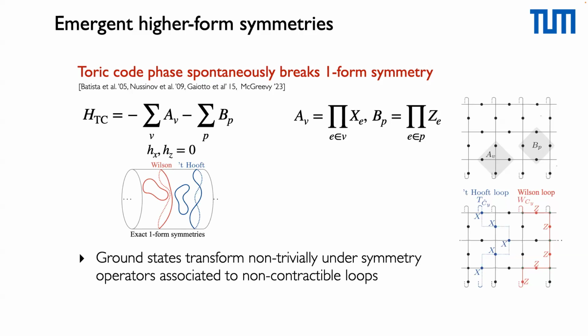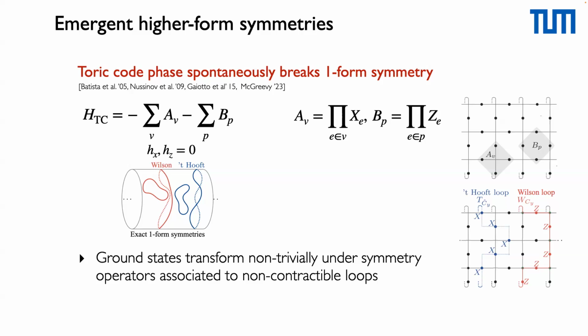So you start from one of the topologically degenerate ground states and act on it with, say, a Wilson loop or a 't Hooft loop, and you transform it to a different state, which is the indication of the one-form symmetries being spontaneously broken.